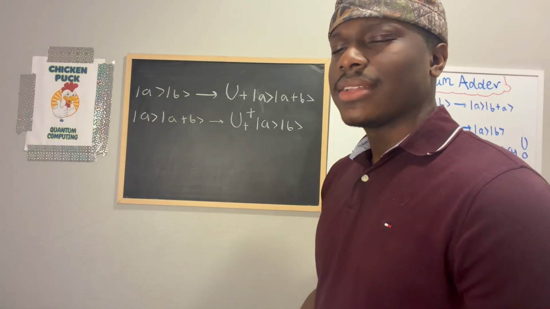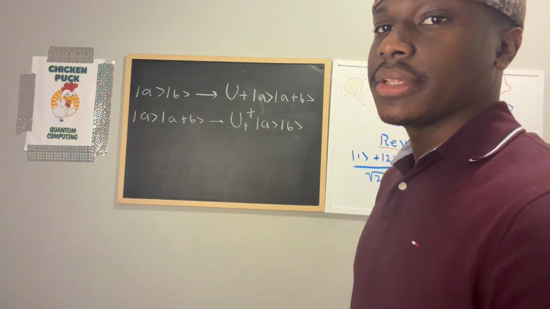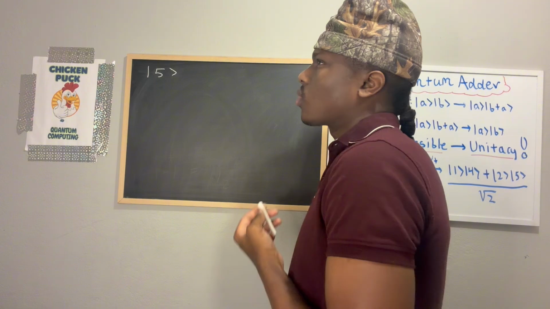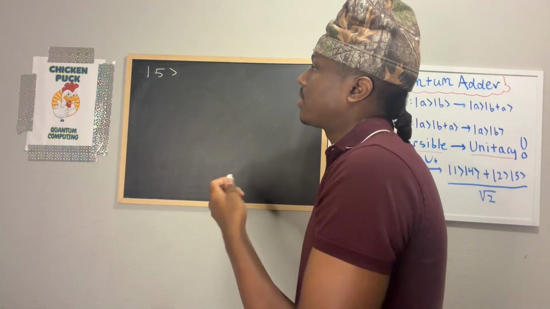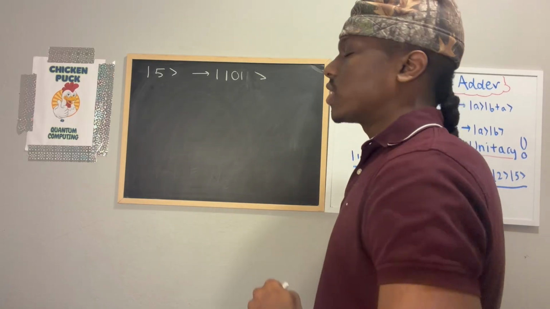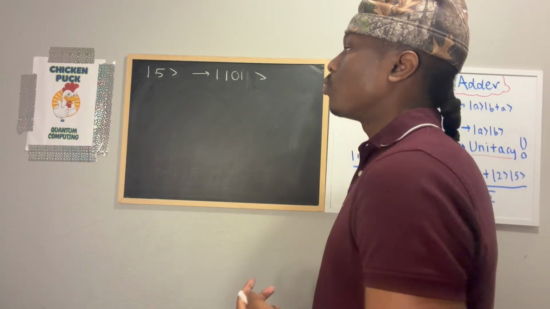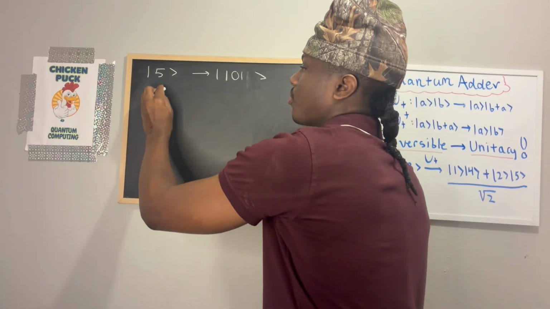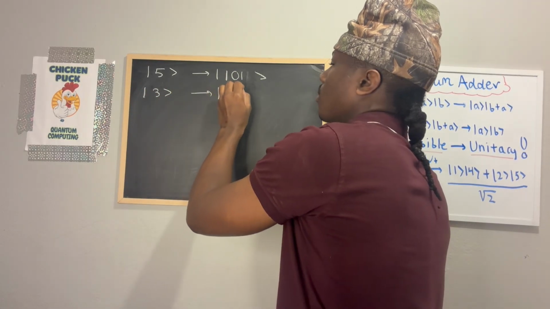Now, let's actually explain what these kets mean. If you were to see ket 5, we're writing this shorthand. The 5 is the shorthand for the binary. Given that we are working with 3 qubits, we can write it as this. Similarly, 3 would go to 0, 1, 1.